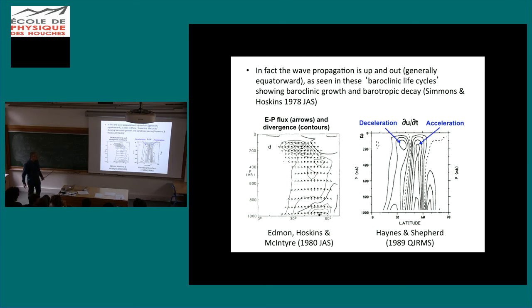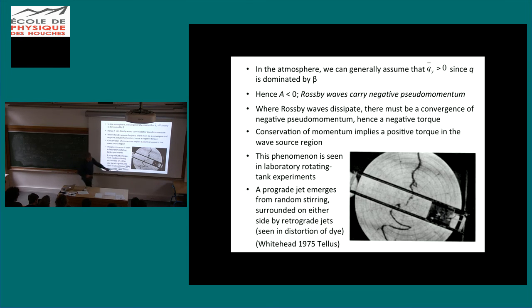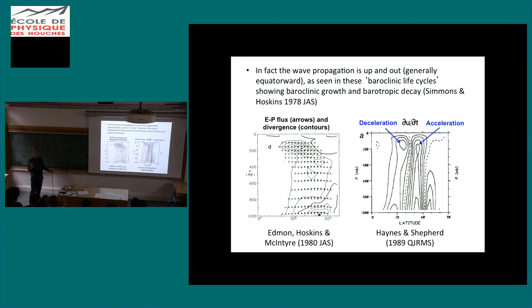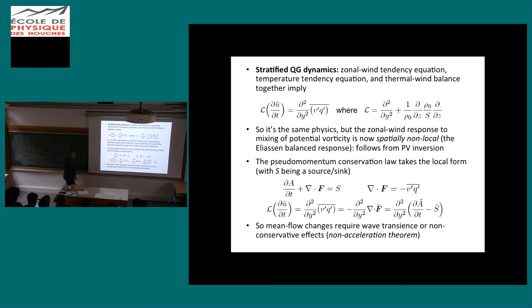Okay, and then if you compute what the mean flow changes from that, this is a paper by Haynes and myself with this Eliassen balance theory. So I said it's a non-local inversion. In the Whitehead experiment, we get a positive forcing here and a negative forcing here, and that just drives a mean flow. But it's a 1D problem because it's barotropic. In this case, it's a 2D problem, so we have to solve this inverse problem. You'll see that there's an aspect ratio in here, an f appears in here.